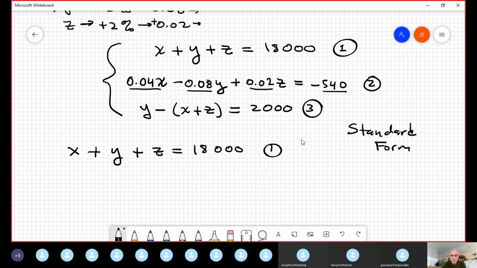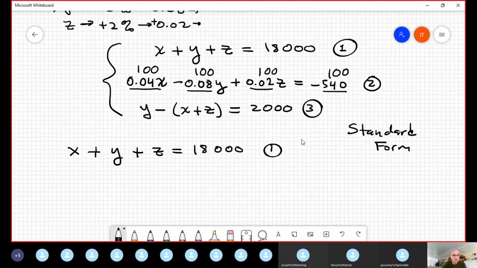And this is a little bit easier. So in my opinion, you multiply equation number 2 by 100. Everything by 100. You know it doesn't affect the answer when you multiply any equation by a number.